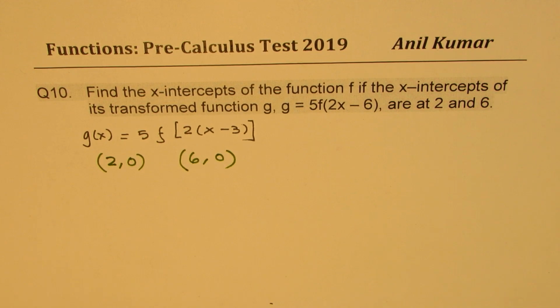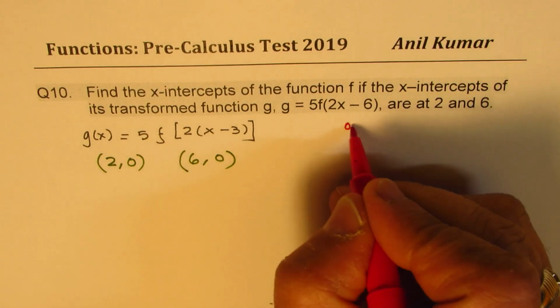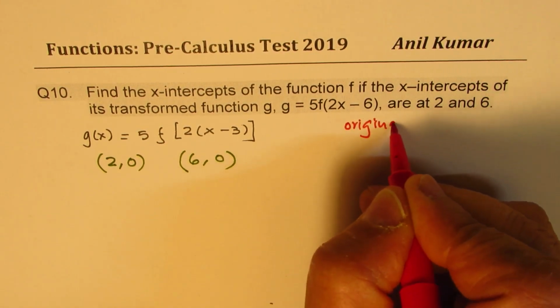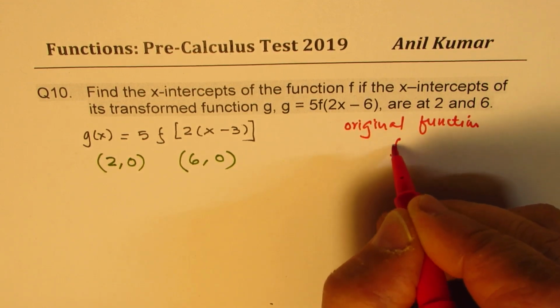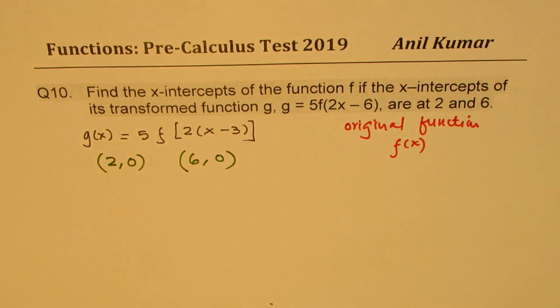We need to find this on the original function, which is f of x. Correct? That is what it is. Now, what kind of transformation has taken place when you move from f of x to this place?